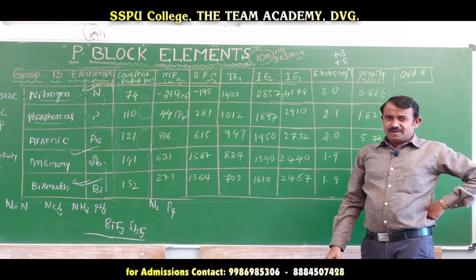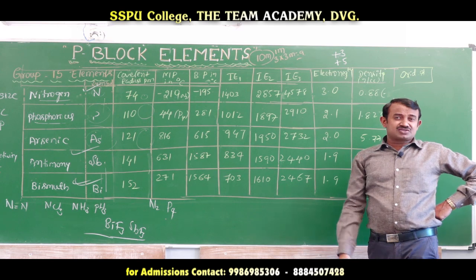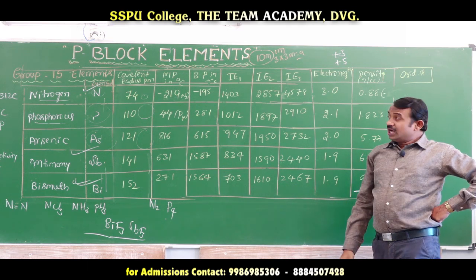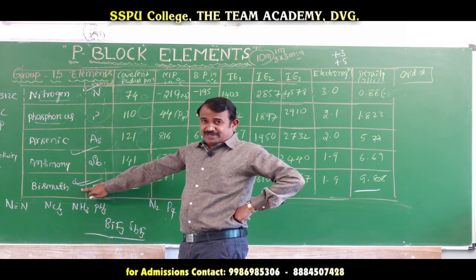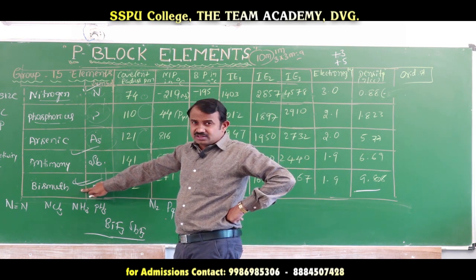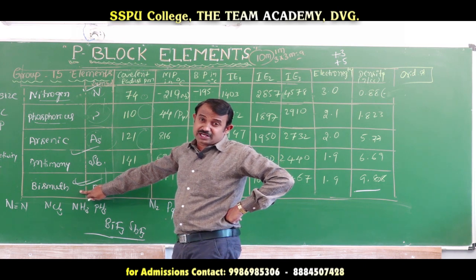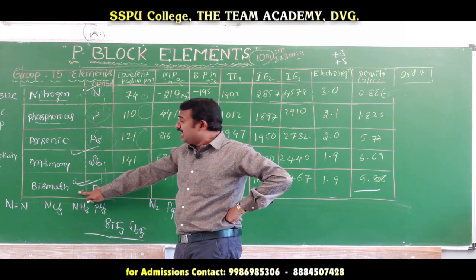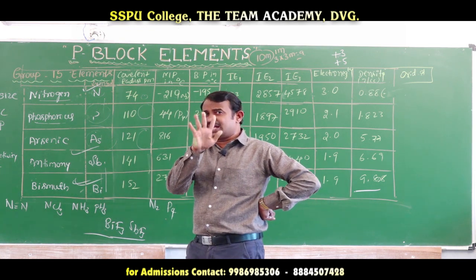Here plus 3 is the most stable oxidation state. Coming to bismuth, plus 3 is more stable because of the inert pair effect: the s electrons do not participate in bond formation. That's why for bismuth, plus 3 is more stable than plus 5.